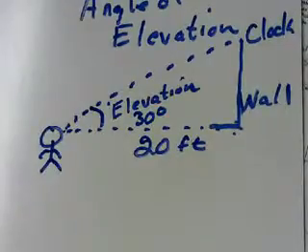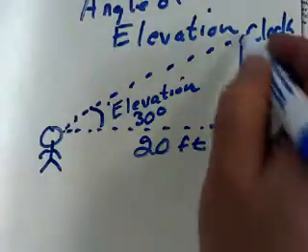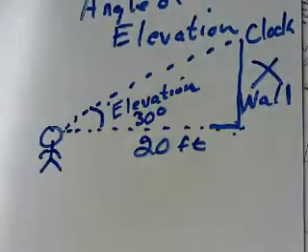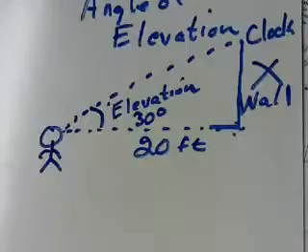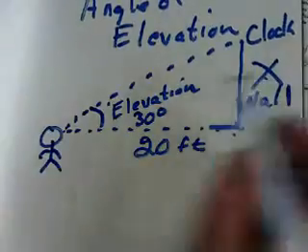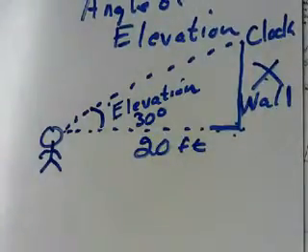How far up the wall is the clock? Can I find that? Yeah. Using sines, cosines, and tangents, how does this side relate to the 30 degrees?